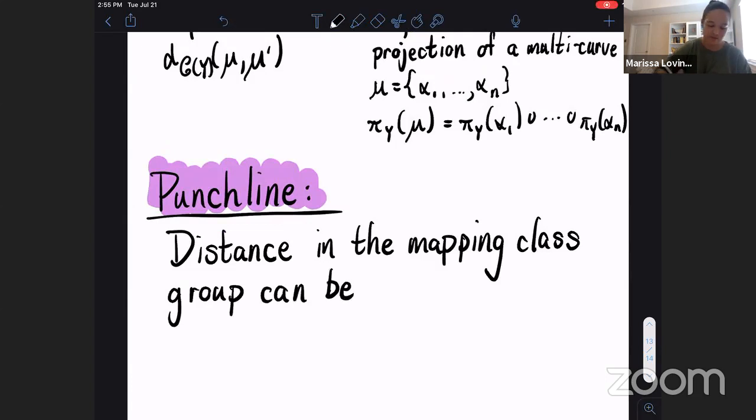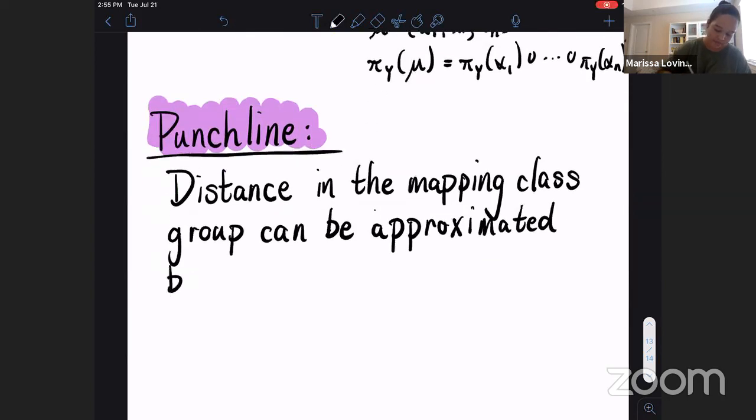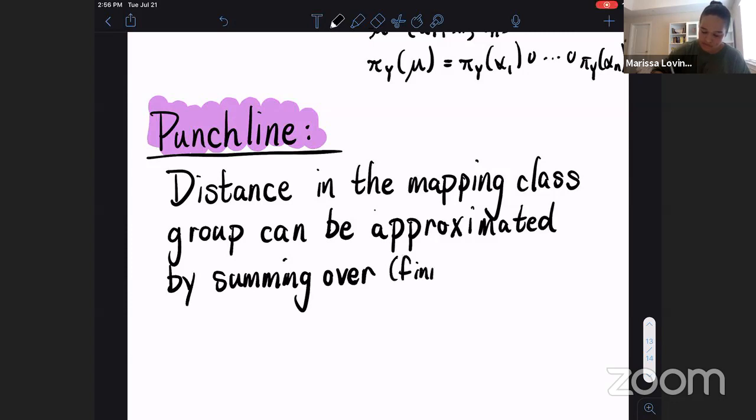This is just so that we can write it down without all the quantifiers.